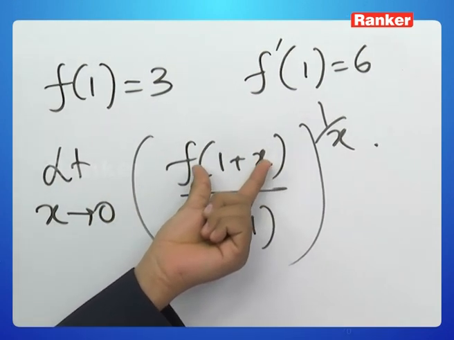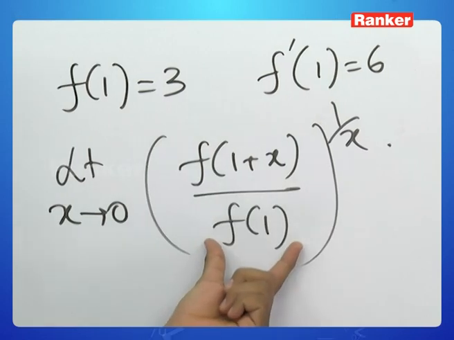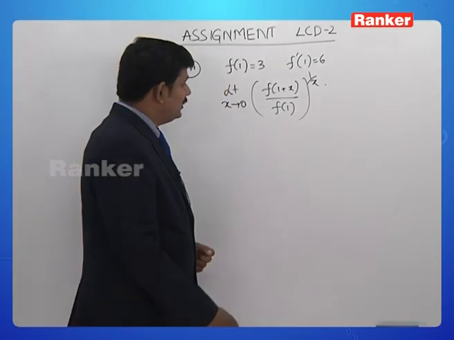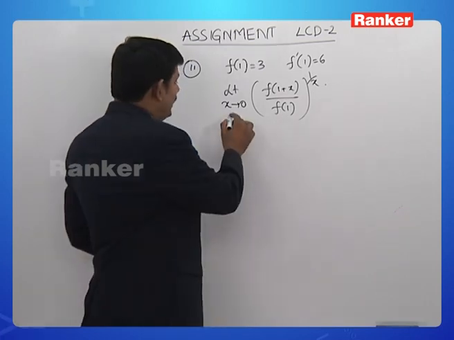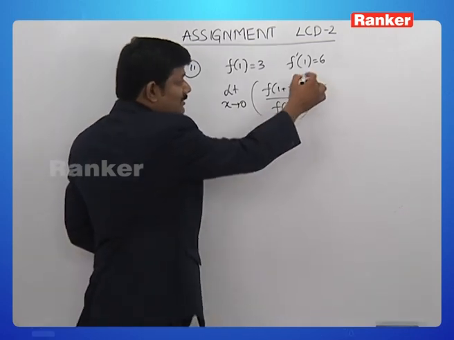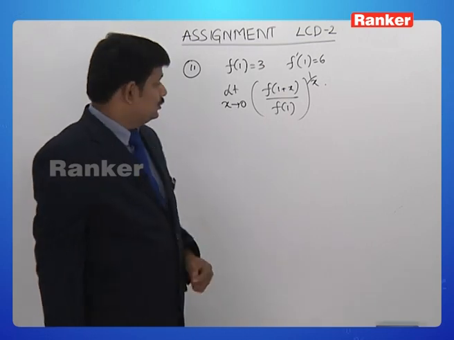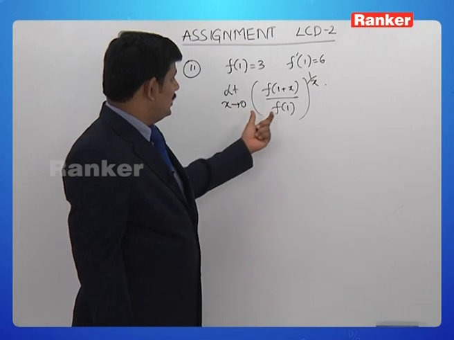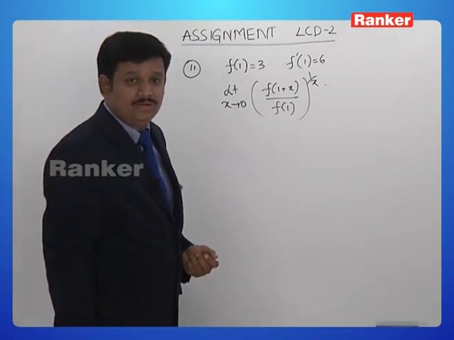1 plus x tends to 1. So, this is f of 1 by f of 1, which is 1. This quantity is tending to 1. And as x tends to 0, 1 by x tends to infinity. So, this is 1 power infinity form. This question is a direct question on 1 power infinity form.